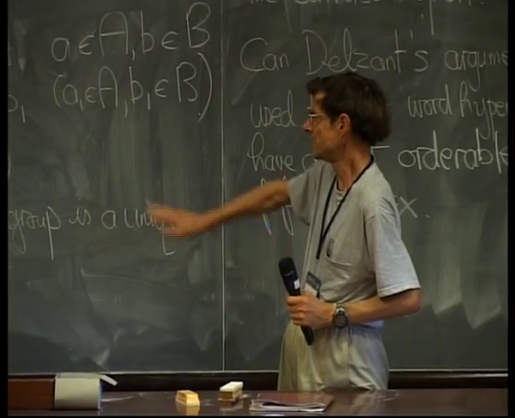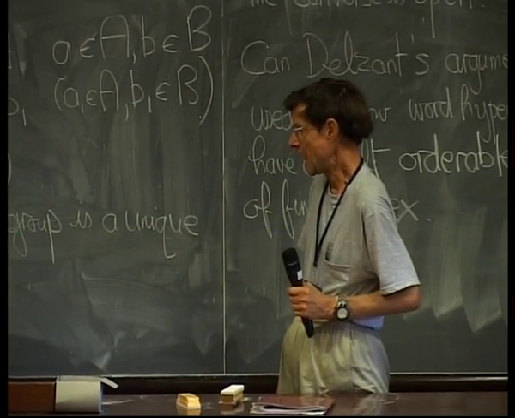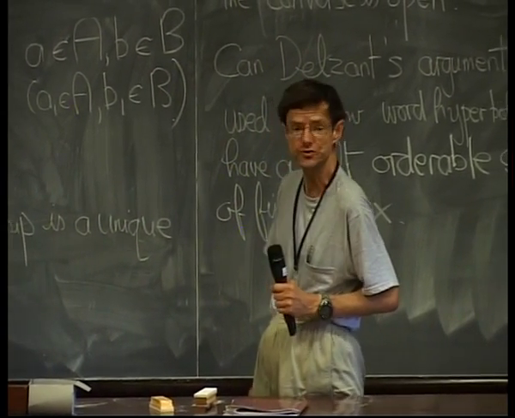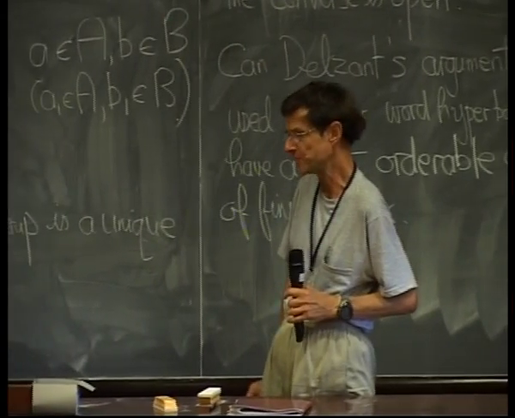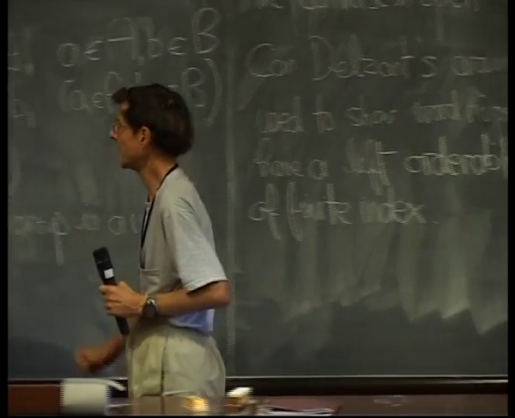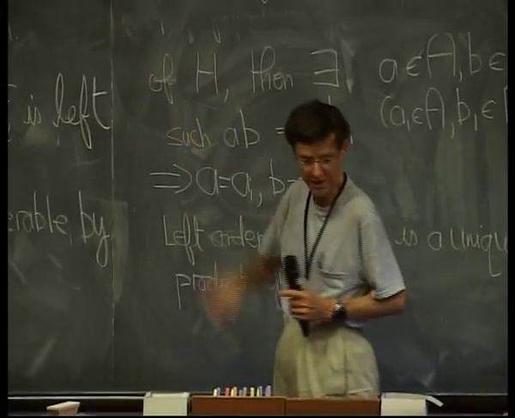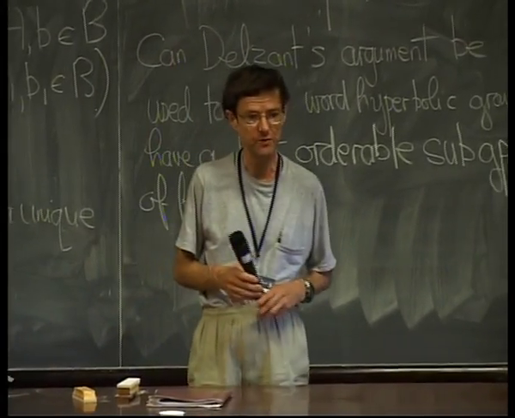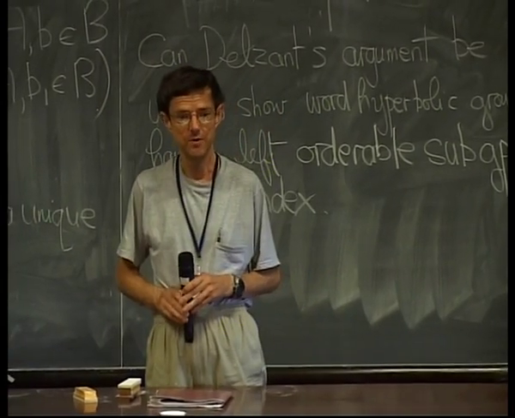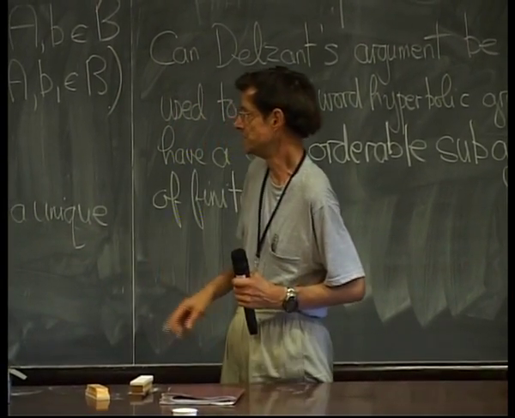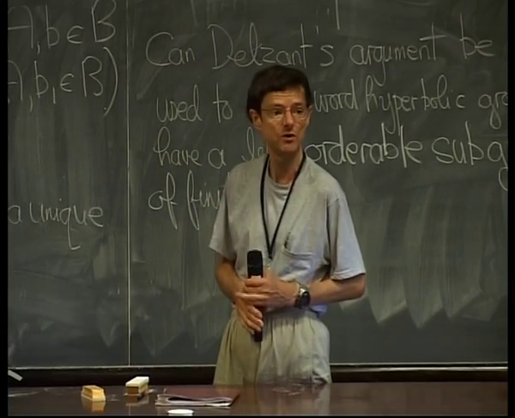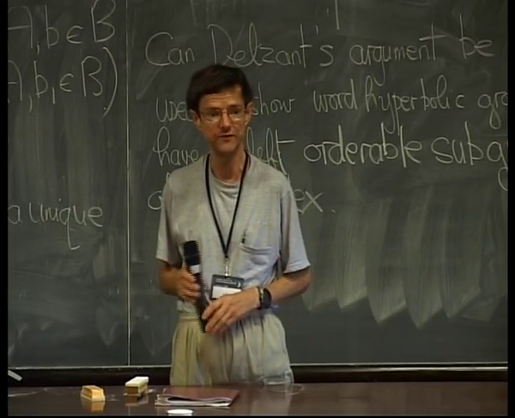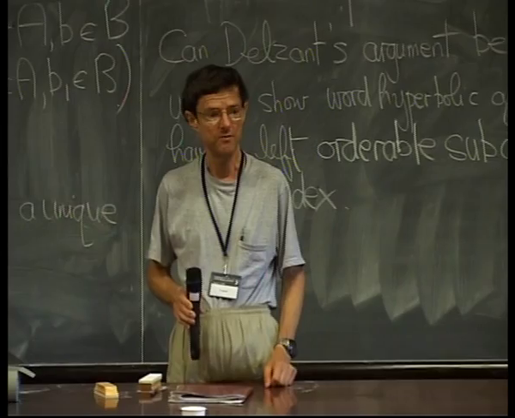I mean, another open question is whether there exist non-trivial left-orderable groups with property T. Of course, we know that there are non-trivial word hyperbolic groups which have property T. So, if one could carry this out, one could find a non-trivial left-orderable group with property T.